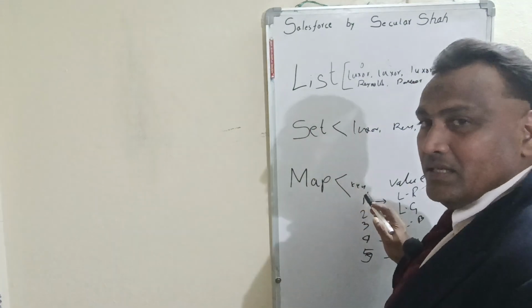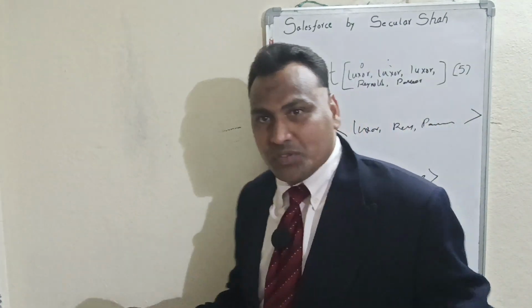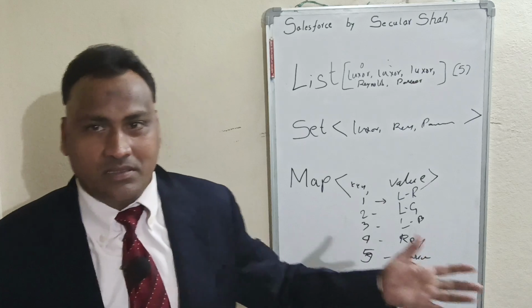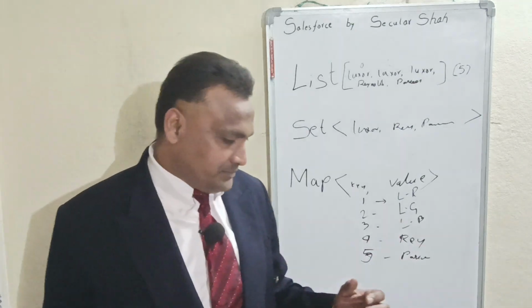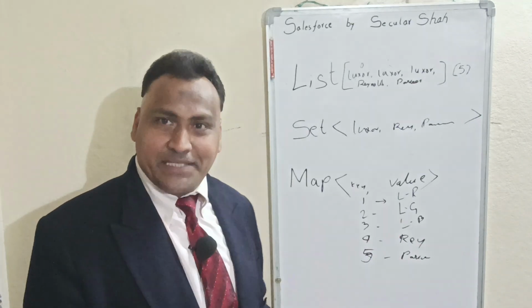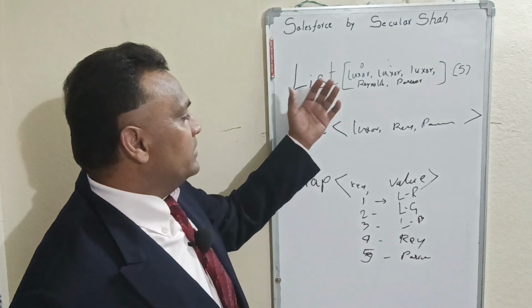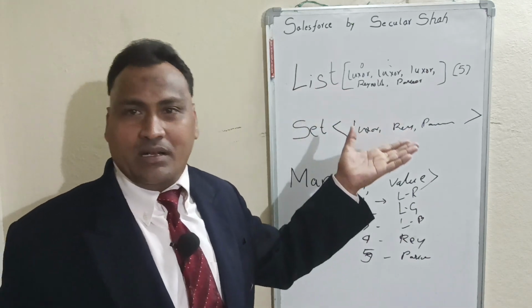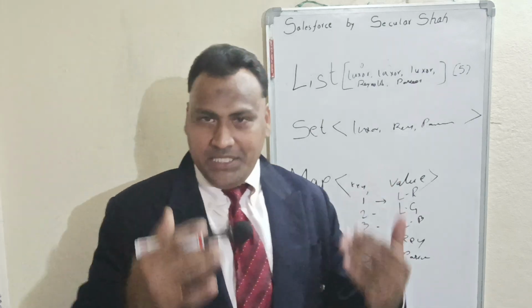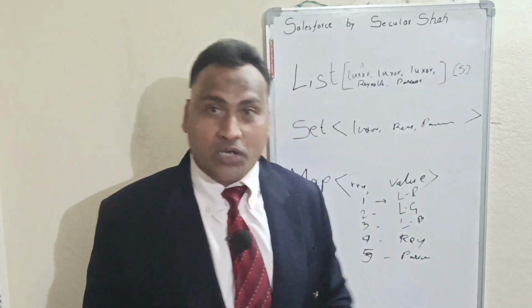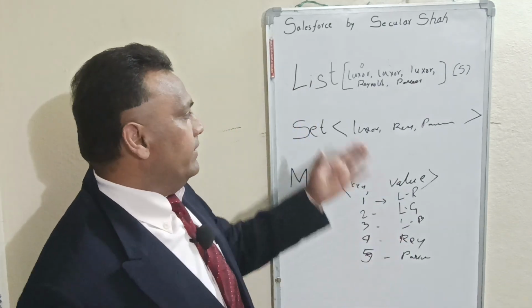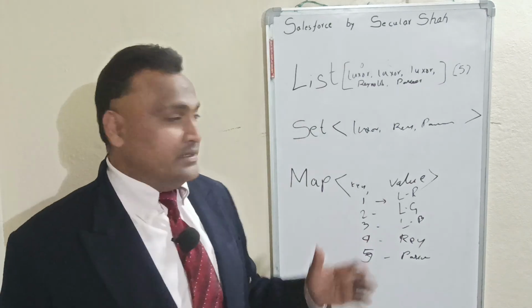And coming to the map, slot 1 you are storing so and so pen, slot 2 so and so pen, etc. Well, coming to Salesforce, whenever I want to store a list of string values or a list of integer values or a list of records as objects, I will take a list, then a set.